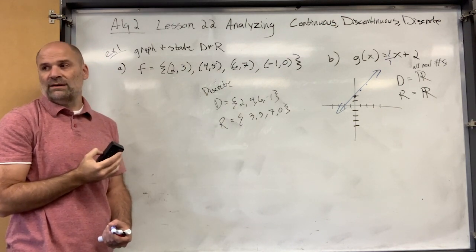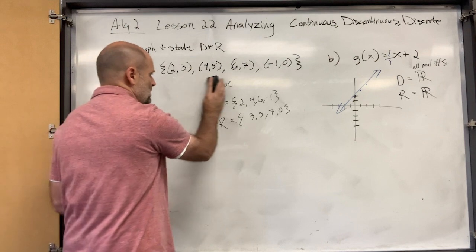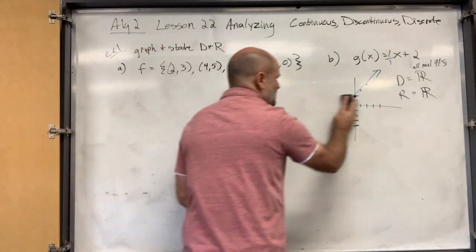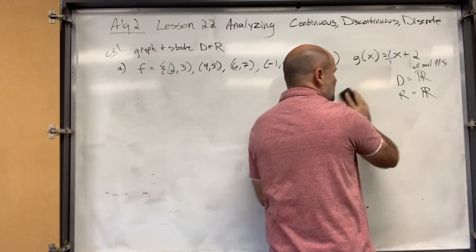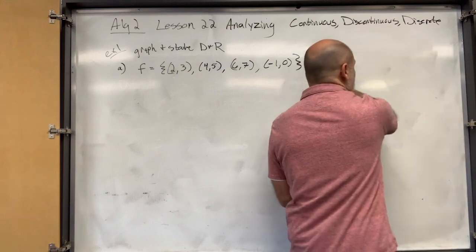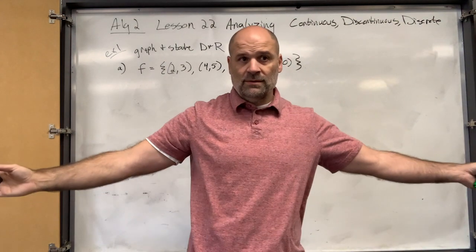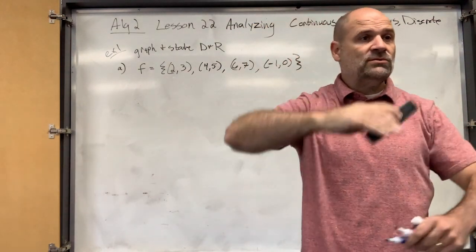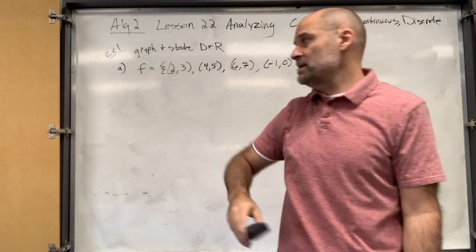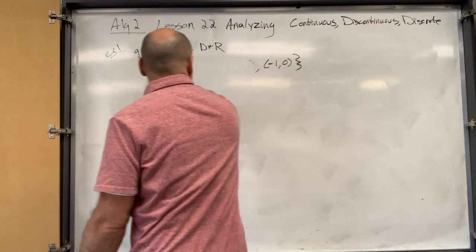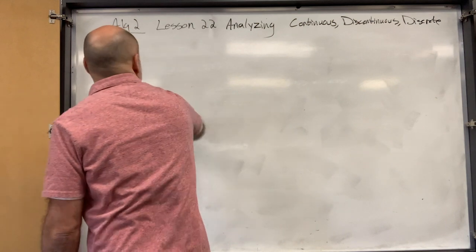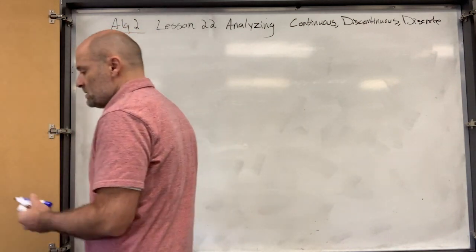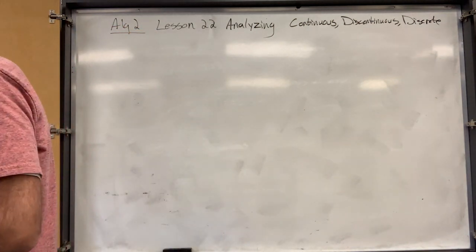I think all of you got that right on your test. But when it's on a graph, the domain is basically all the x values, how wide it is. And the range is how tall it is, all the y values, because x measures left to right and y measures up and down, right?